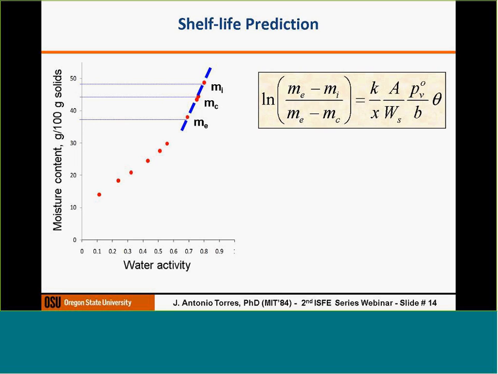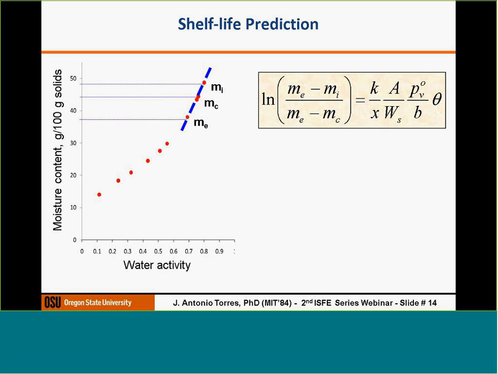For this product, I use Lapusa's approach, where MI is the initial moisture content of the product, and ME is the moisture content of the product when it reaches some critical condition. So let's start with MI. Moisture content is reduced to this critical value, and it could represent this moisture content loss, which would also represent a weight loss.